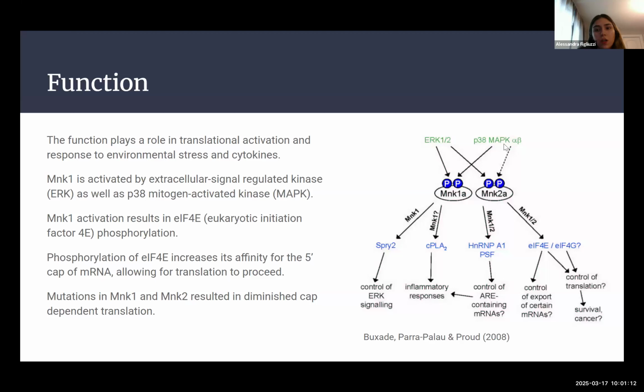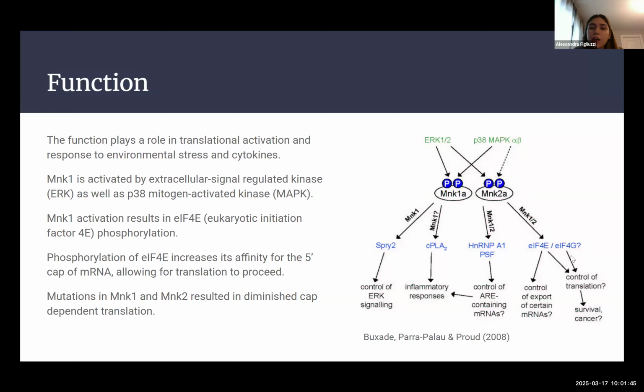In terms of the function, it responds to environmental stress and cytokines through the activation of P38 mitogen activated protein kinase. And this kinase, along with ERK, or extracellular signal regulated kinase, go on to phosphorylate MNK1, activating it. Once MNK1 is active, it goes on to phosphorylate eukaryotic initiation factor 4E through an interaction with the C-terminal region of EIF4G.